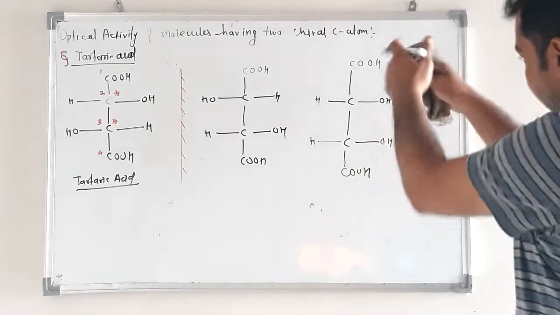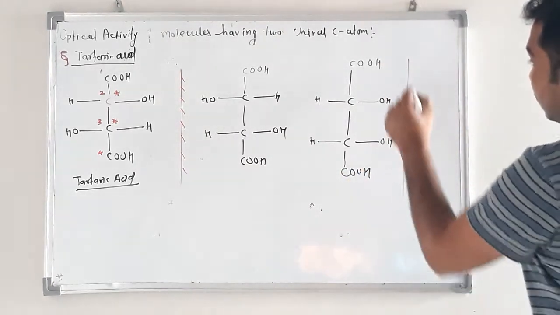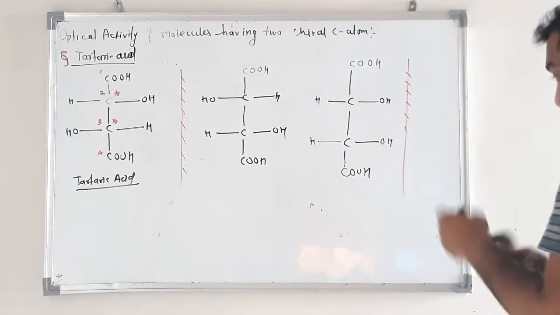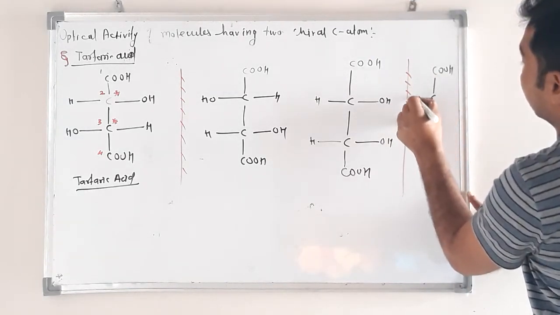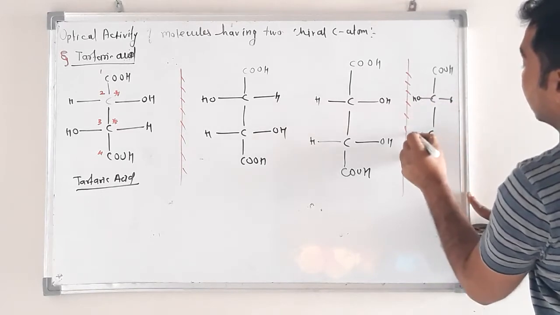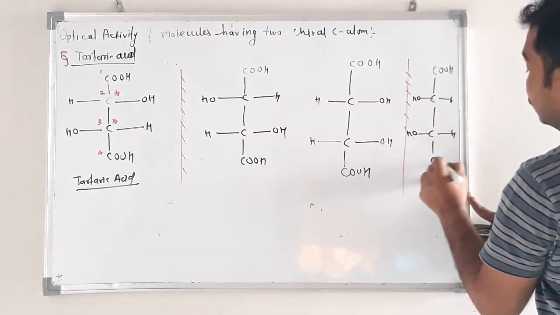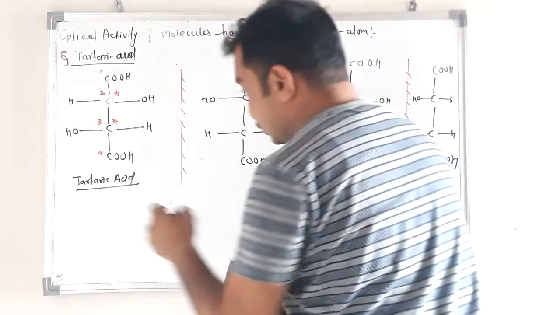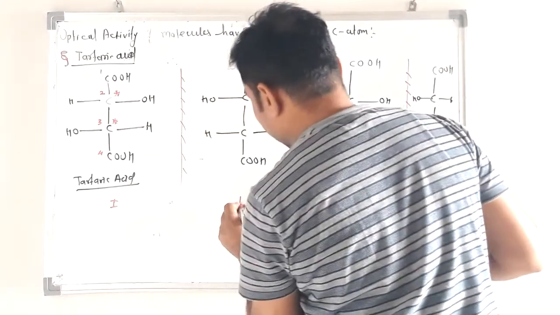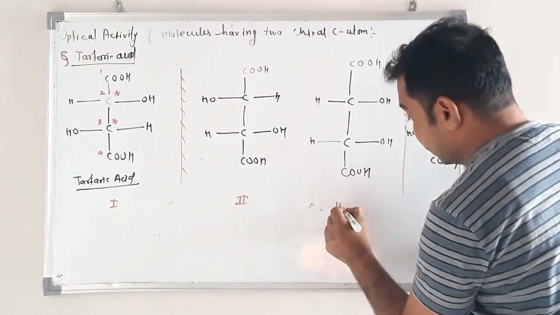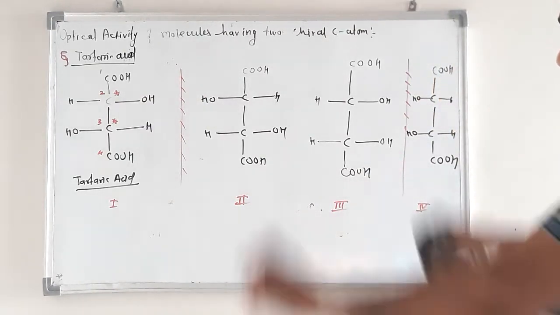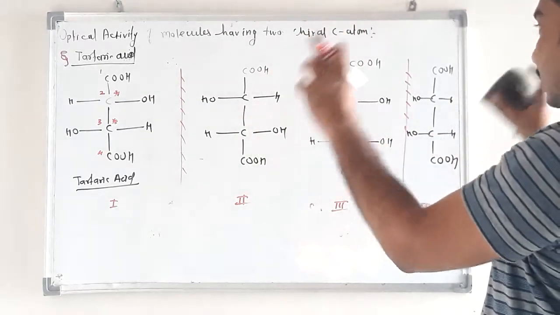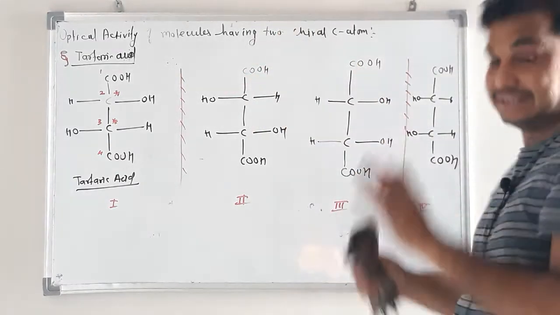And fourth is the mirror image of this. Again take the mirror image, then you will get this. Okay, so structures 1, 2, 3 and 4. These are the 4 optical isomers of tartaric acid.